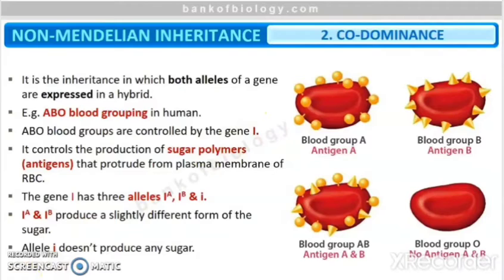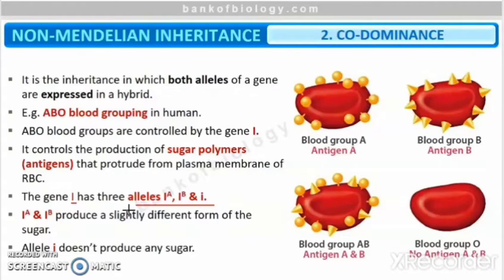The gene I, capital I, has 3 alleles. How many alleles are there? Usually we have only 2 alleles for a particular character, but this gene called I has 3 alleles. That is I capital A, I capital B, and small i. Okay, so this gene has 3 alleles: capital I A, capital I B, and small i.